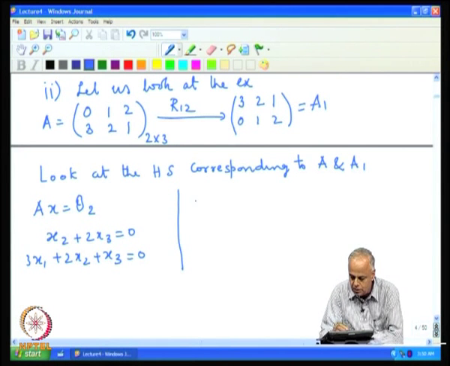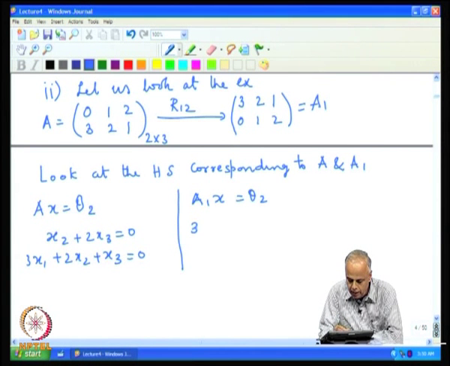The homogeneous system corresponding to A1 is 3x1 plus 2x2 plus x3 equal to 0, x2 plus 2x3 equal to 0.